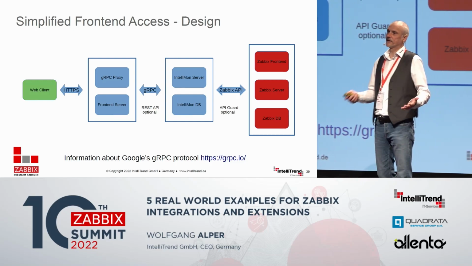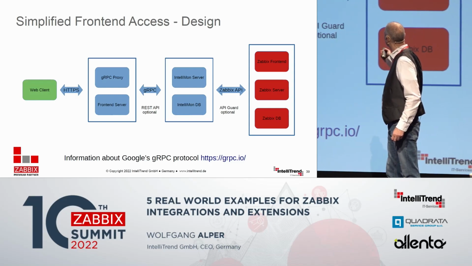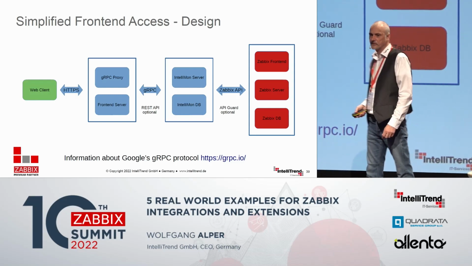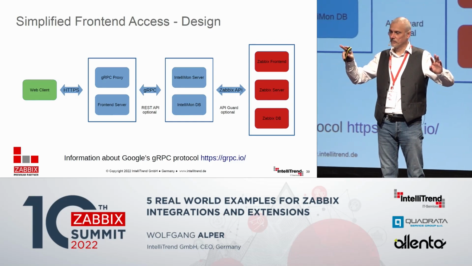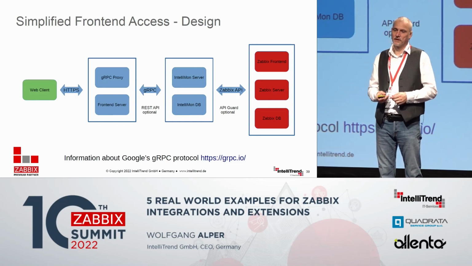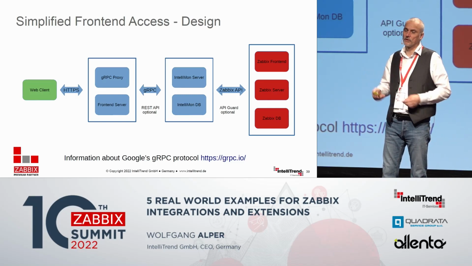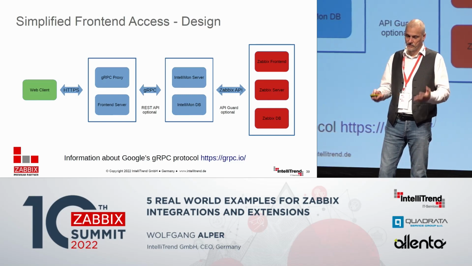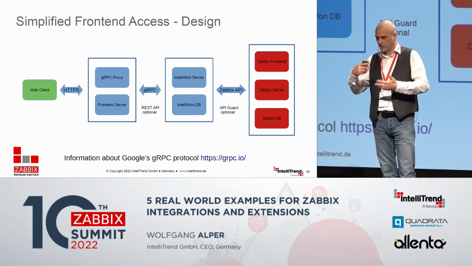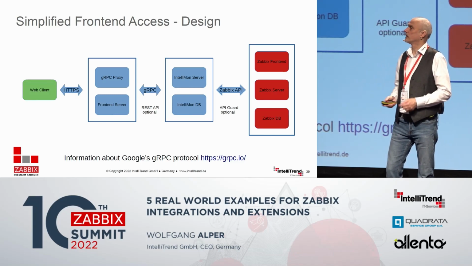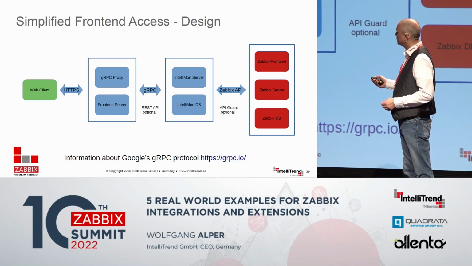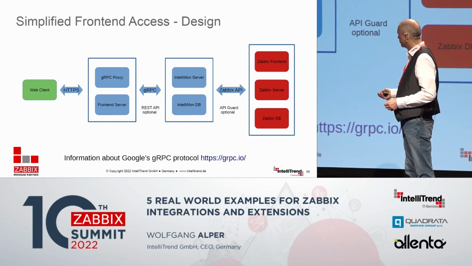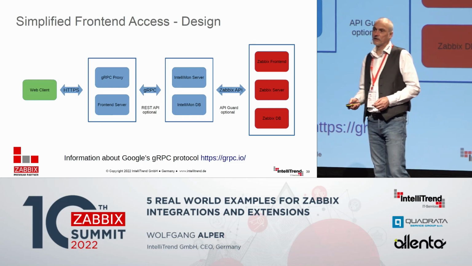On the left-hand side, we see our Zabbix infrastructure: front-end, Zabbix server, Zabbix database, very easy. Then in the middle we have what we call the IntelliMon server, which does all the heavy lifting and uses the Zabbix API to talk to the Zabbix infrastructure. It has its own database to do some caching, some optimized queries, etc. And then we have what is called a gRPC proxy, because we are talking gRPC, and gRPC is Google's microservice protocol.